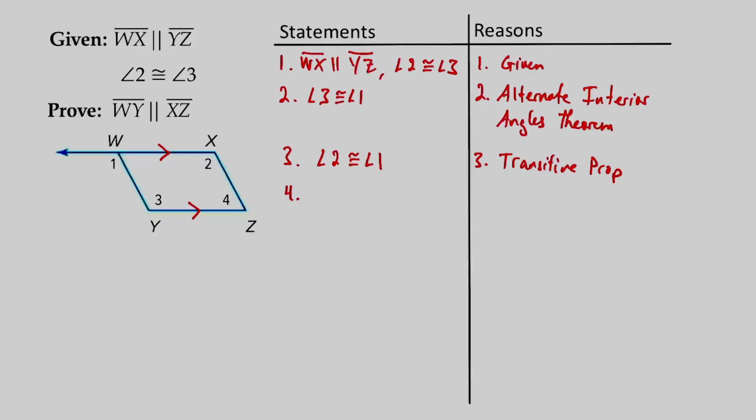And those two lines are side WY and side XZ. These two lines will be parallel by the converse of the corresponding angles postulate.